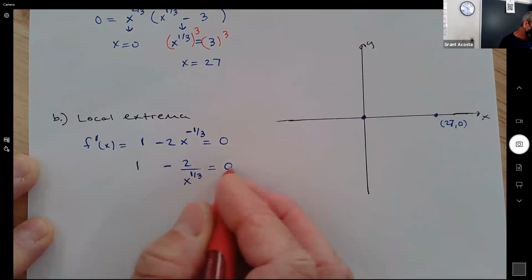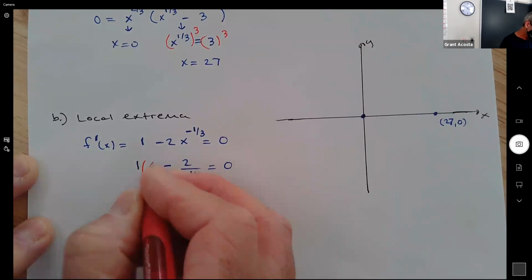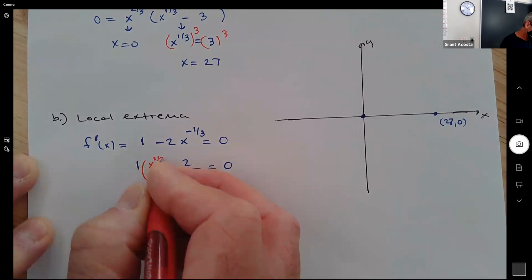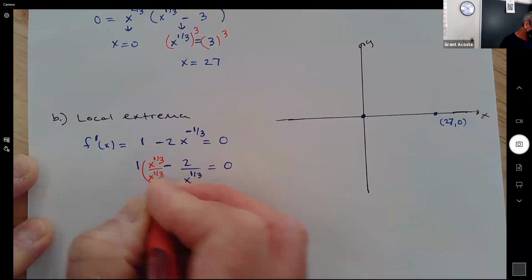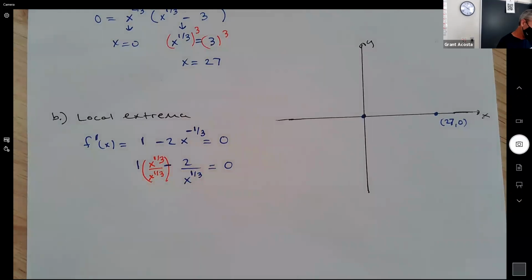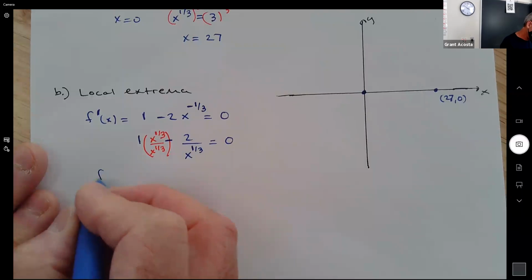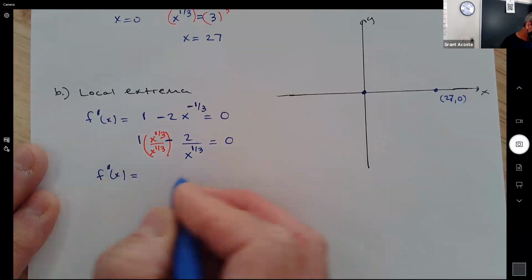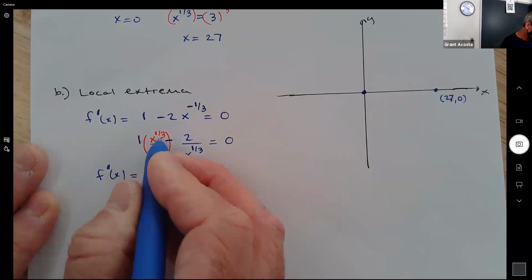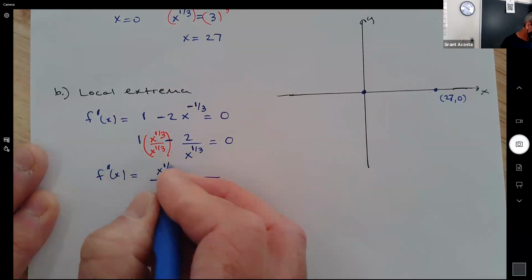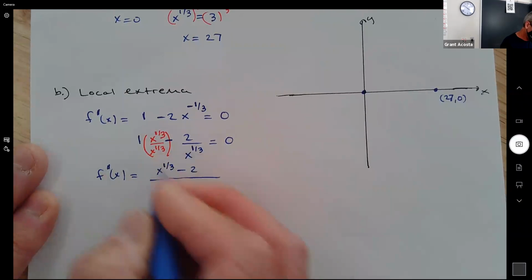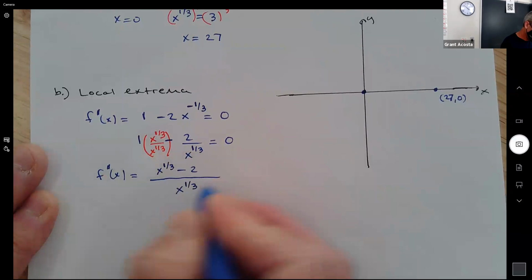So instead of moving that over, what I'm going to do instead is create a fraction, multiply top and bottom by x to the 1/3, get a common denominator. So that my derivative, 1 times x to the 1/3, I get x to the 1/3 minus 2, all divided by x to the 1/3.